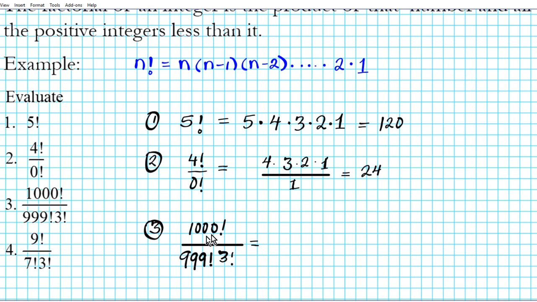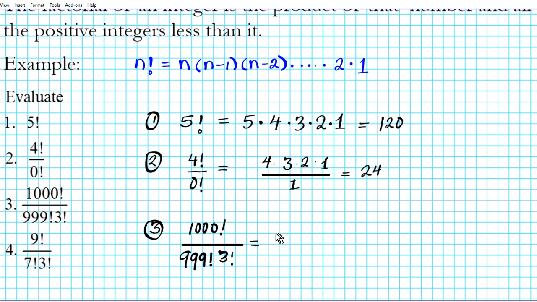Now, if we want to write out 1000 factorial, it's going to take us a lot of time. Writing this out will involve writing down 1000 times 999 times 998, and it will take a lot of time and space, not to even talk about multiplying them together. And then we have 999 factorial here, so that will be 999 times 998 times 997 all the way to 1. 3 factorial is not a problem, it's just 3 times 2, which is 6.